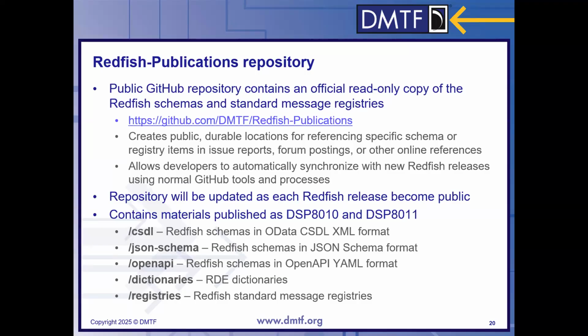And it's a great way for developers to automatically synchronize with the new Redfish releases using the standard GitHub tools and processes. And this repository is updated each time a Redfish release becomes public.